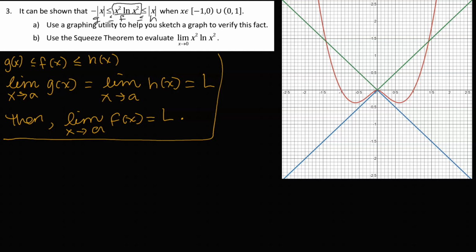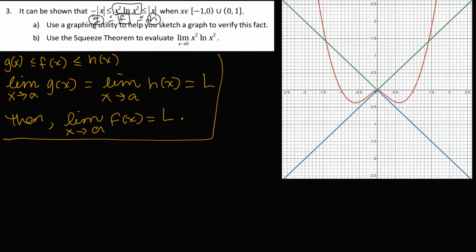Our job when using the sandwich or the squeeze theorem is to come up with the function g and the function h, where our function f of x is in between. Now that's the hard part, but it is given for us in this problem.